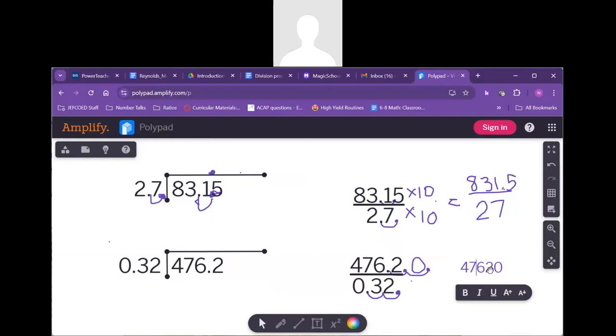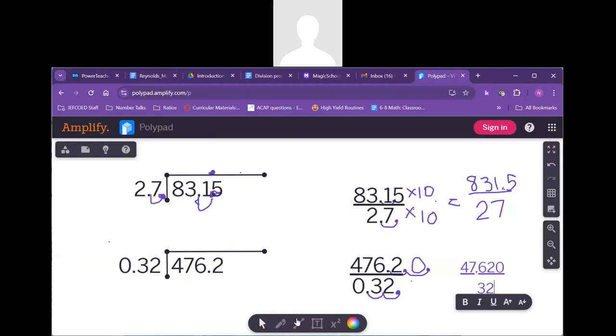That is 47,620. And I'm dividing it by 32. We'll put the underline there to make it look like a fraction bar. And then on the bottom, we'll put 32. That's my new division problem.